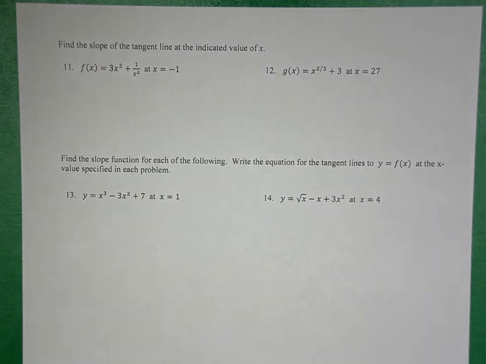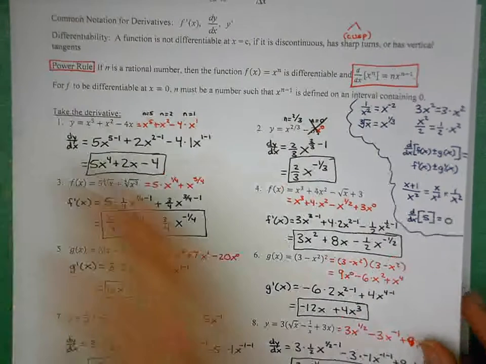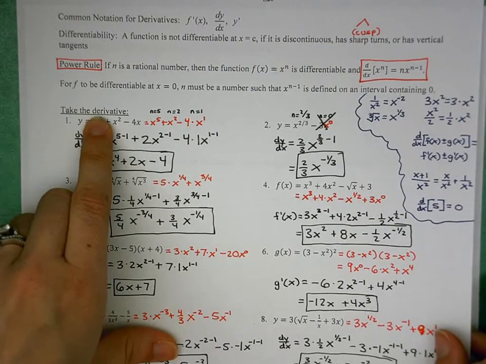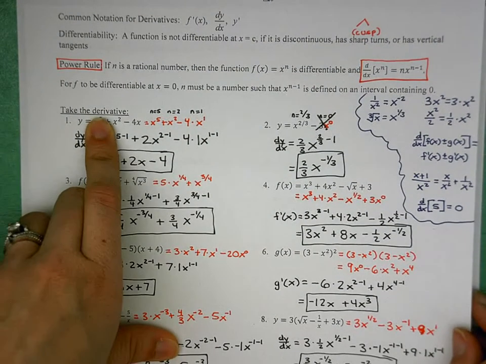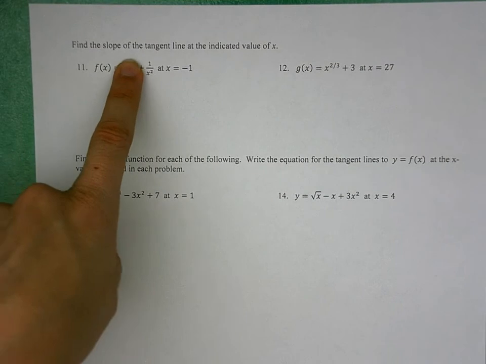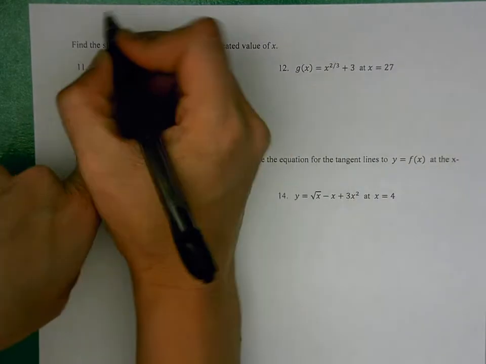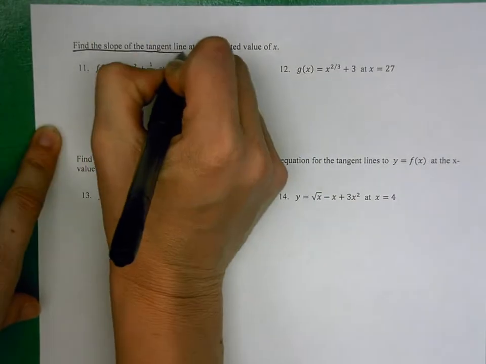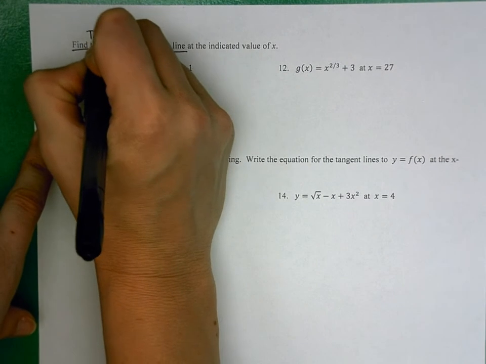And so in numbers 11 and 12 here, what they're asking you to do is almost exactly what we were just doing in 1 through 10. When you see this instruction, take the derivative, that is synonymous with find the slope of the tangent line. This means take the derivative.